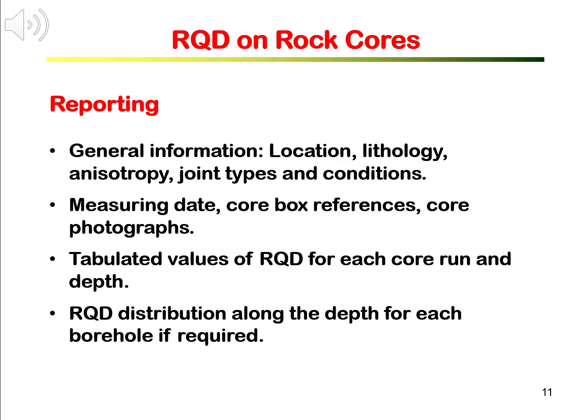We also need to record the date of measuring the RQD, the core box references, and the core photographs. RQD values can be presented in a tabular form for each column and for depth range. If required, we should also produce the RQD distribution histogram along the depths for each borehole.